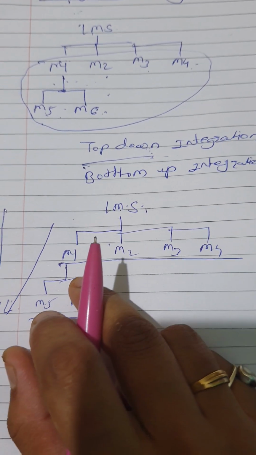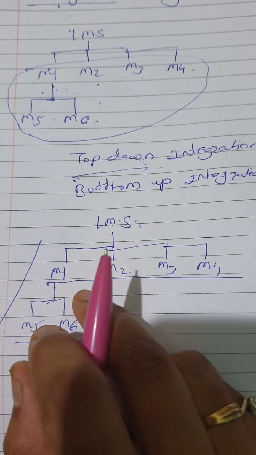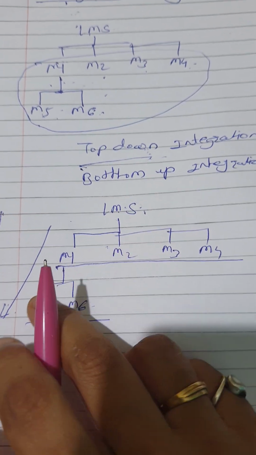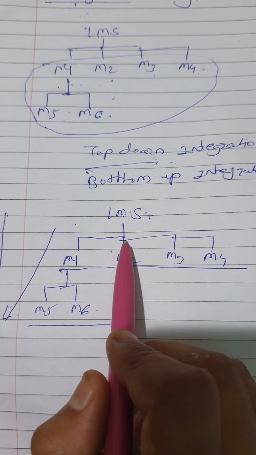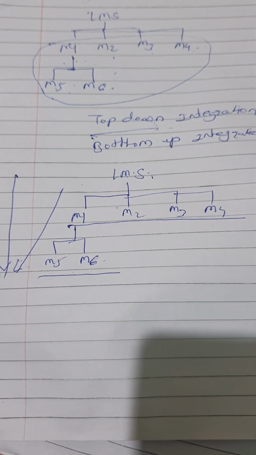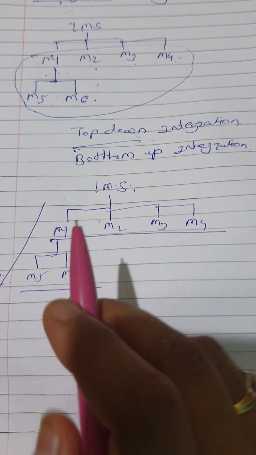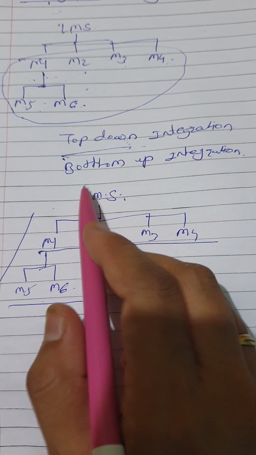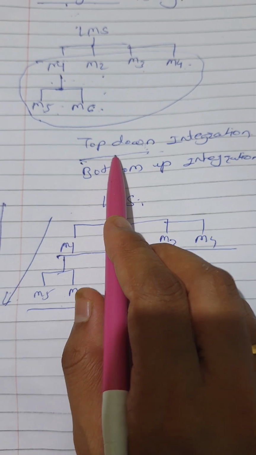In top down integration, the priority of modules is decided first, and as per the priority of modules, testing is performed in a top-to-bottom direction. Bottom up integration is exactly opposite to top down integration.